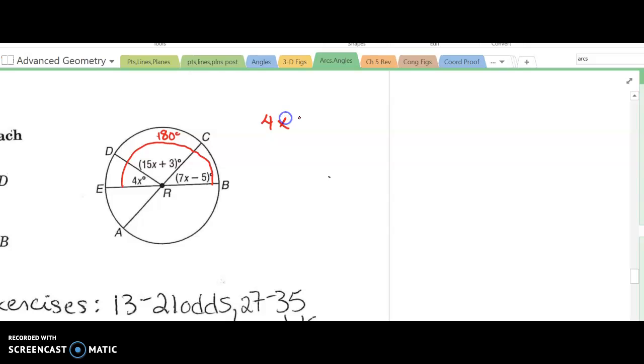So we have 4x plus (15x plus 3) plus (7x minus 5) all equals 180. Now, you may not have seen this situation before where they put parentheses around this whole thing. It's just because they wanted to put the degree on that whole thing. The parentheses, as far as computation purposes, you can ignore them.